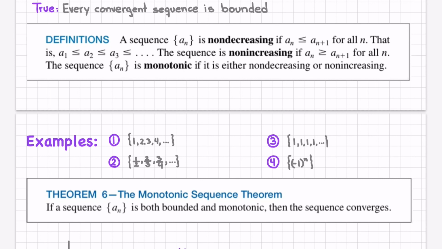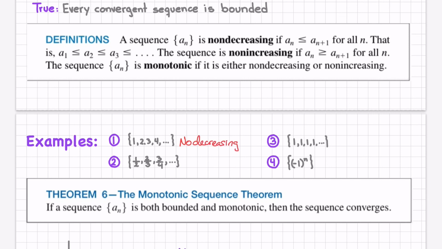So let's look at some examples of monotonicity. This is called monotonicity of the sequence. Okay. This is certainly monotonic. You see, this term is bigger than that. This is bigger than that. So the next term is always bigger than the previous one. So this is non-decreasing.